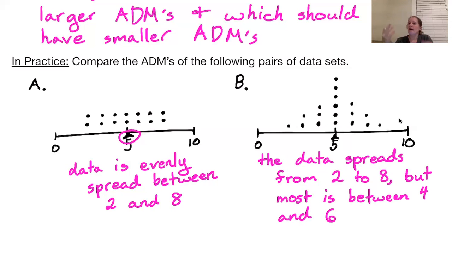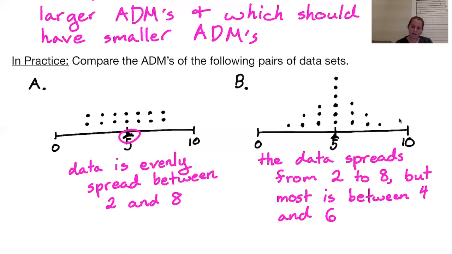And then we have a few stragglers on each side. So if we wanted to talk about a typical distance from the mean, A has more points further out. And so our sort of typical distance is probably going to be larger, whereas B, so many points are very close to 5, our typical distance from that mean is going to be fairly small.